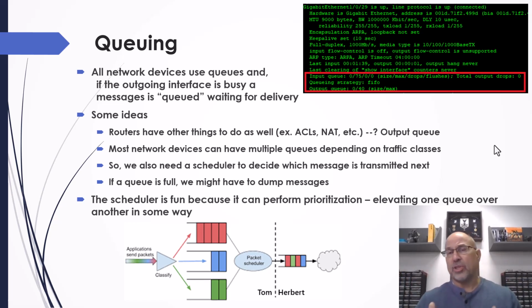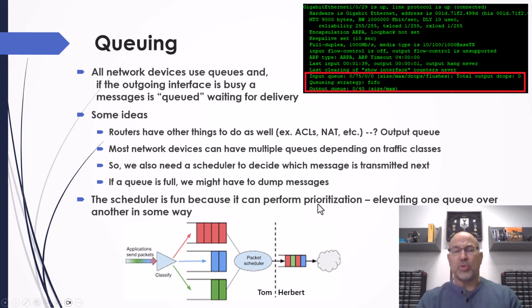Now what the scheduler can do then is, if we've got these different ways of breaking up our queues, the scheduler can say, that part of the queue is more important than this part, or I'm going to change the way that I would normally process traffic and decide who goes out next. So here is an example, from Tom Herbert, where we've got packets coming in and we have different queues.